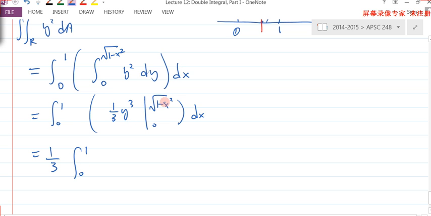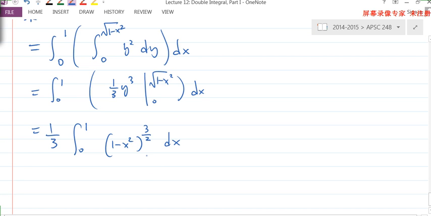Sub the upper limit here, that's root to the power 3. And at 0, it is 0. So that's it, dx.